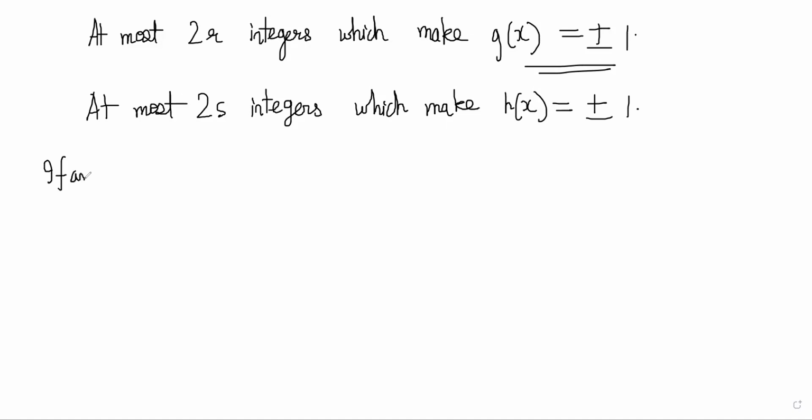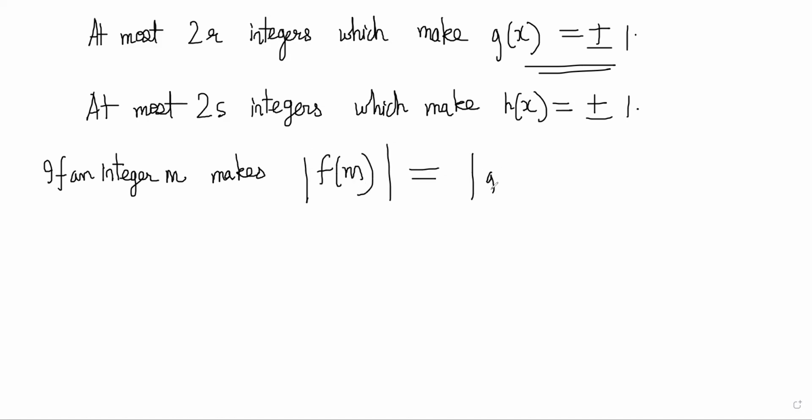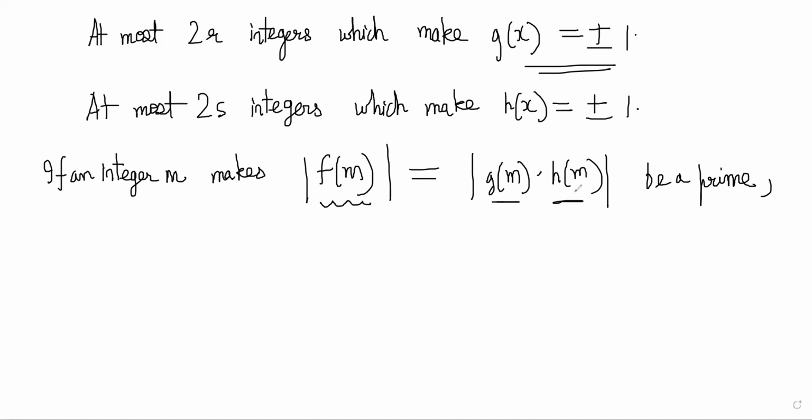If an integer m makes the absolute value of f of m, which is actually equal to the absolute value of g of m times h of m, a prime, how can this be a prime if it is a product of two integers, right?